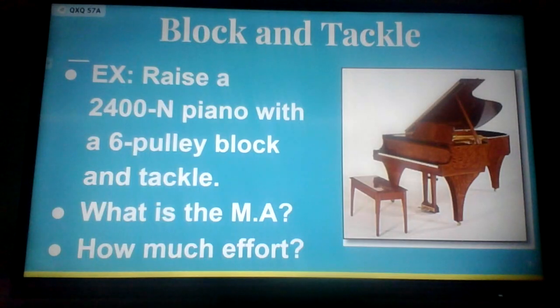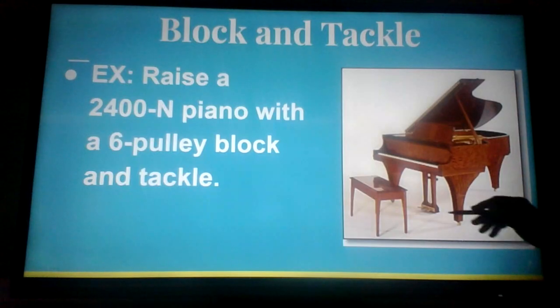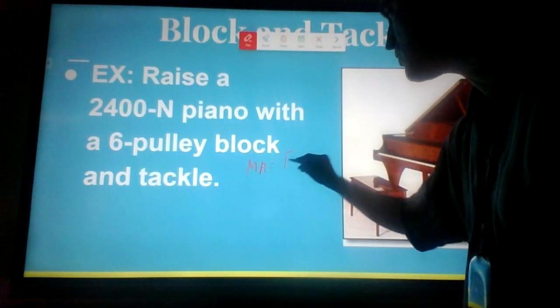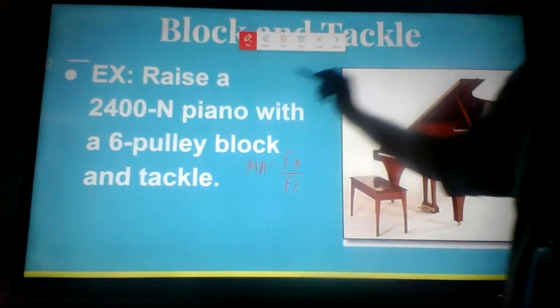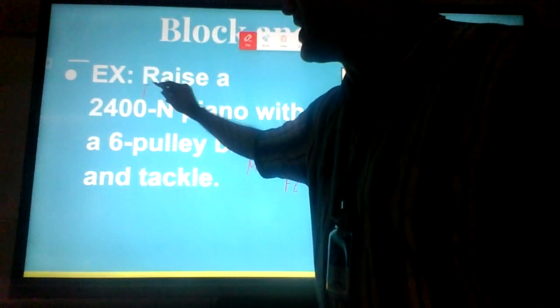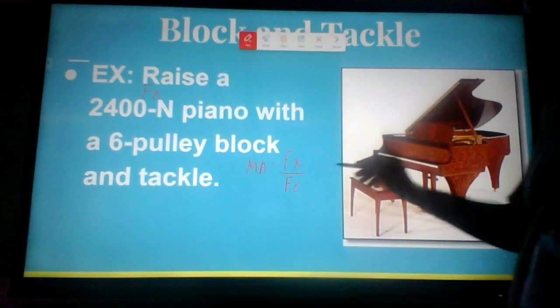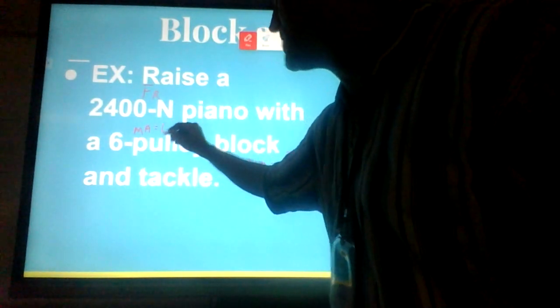All right, let's clear these last 2 lines off so we can do the math now. Remember that mechanical advantage equals the force of resistance over the force of effort. Raise a 2,400 Newton piano, that is your force of resistance, with a 6 pulley block and tackle. That means your mechanical advantage is 6.